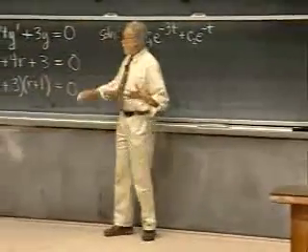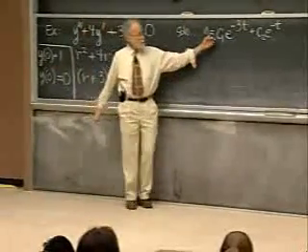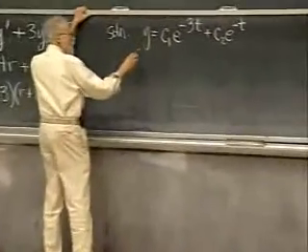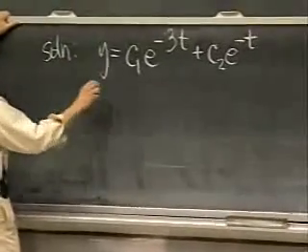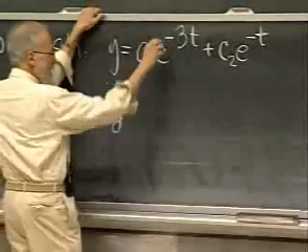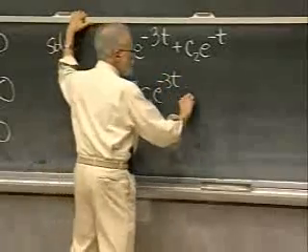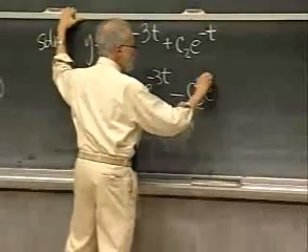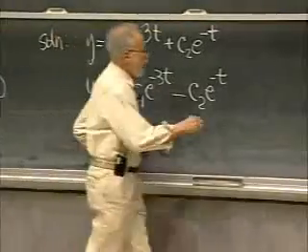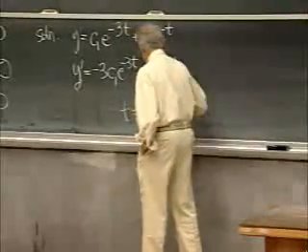Now, all you have to do is use these two conditions. Notice I have to have two conditions because there are two constants I have to find the value of. All right, so let's substitute. We're going to have to calculate the derivative, so why don't we do that right away? So y prime is minus 3c1 e to the minus 3t minus c2 e to the negative t. And now if I substitute in t equals 0, what do I get?